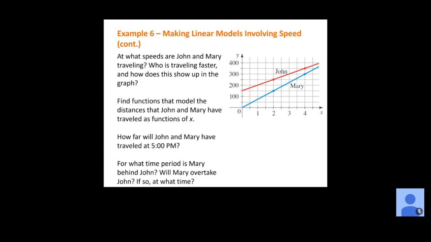Let's think about what we know about this graph. What does the y-axis represent? What are the units of the y-axis?